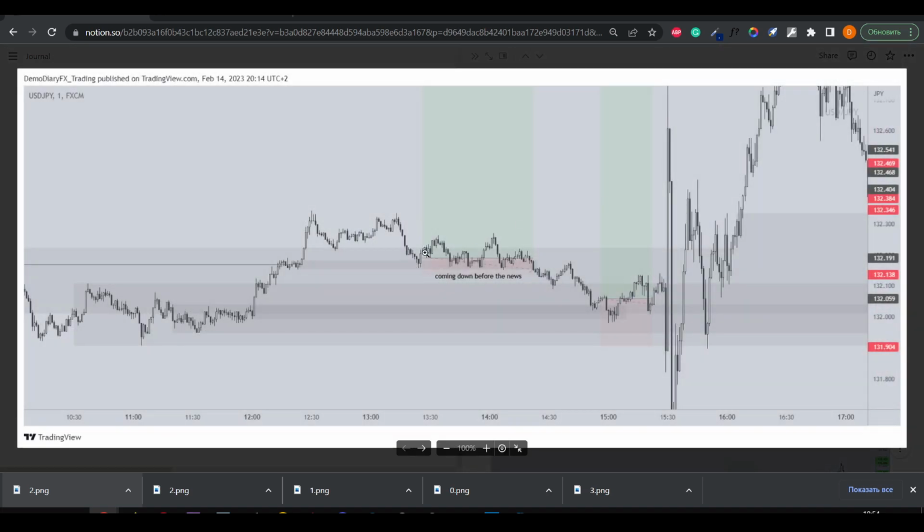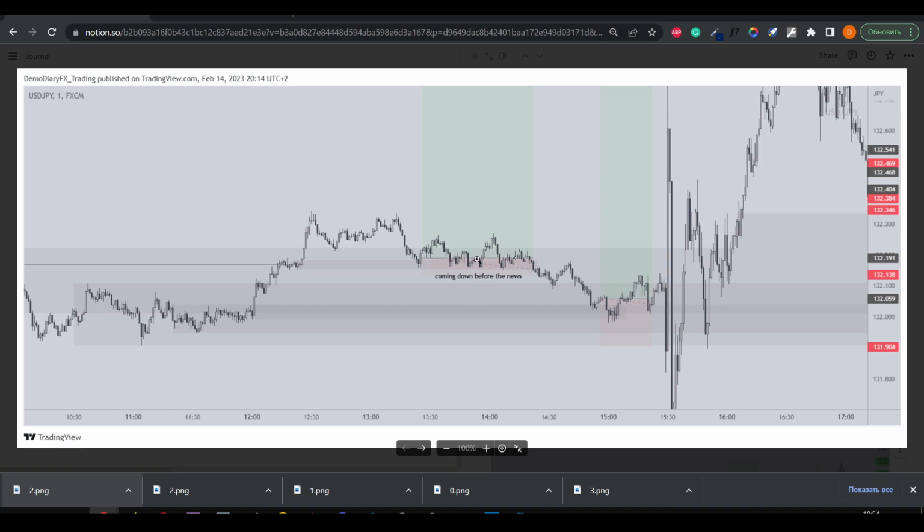You see, I left this text before it went. So this is the 1 minute move. On 15 minutes it looked like a usual impulse, and it just went down during the news. You see, holding the 15-minute range. These boxes are refined zones, so at the moment it didn't matter because the news just wiped out everything.